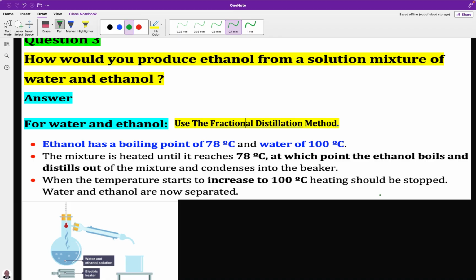At this level, we know ethanol and water are separated. If you go to 100, you are now distilling water, and you don't want water in the ethanol. So you heat until the temperature reaches the lower boiling point, which is ethanol, 78 degrees. When the temperature stops increasing, you stop the heating, and we know that only ethanol is being collected.